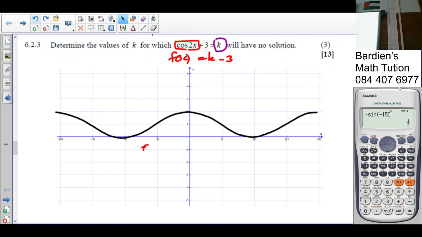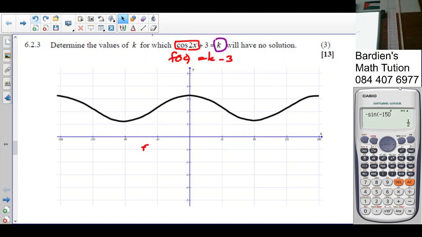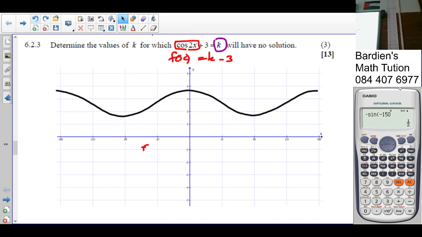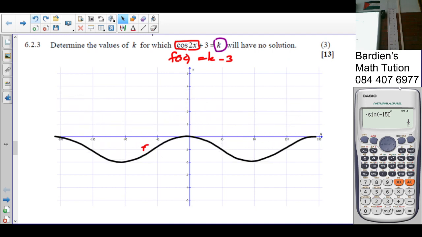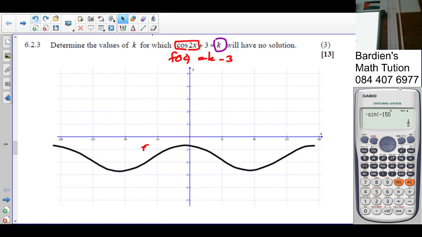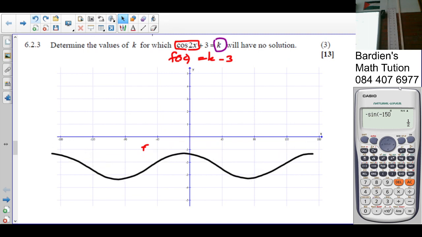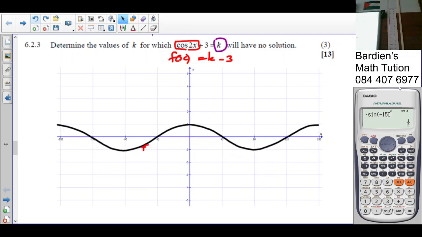If this graph moved further up, no roots. Roots mean to say where it cuts the x-axis. So, that is the graph, let's remember.